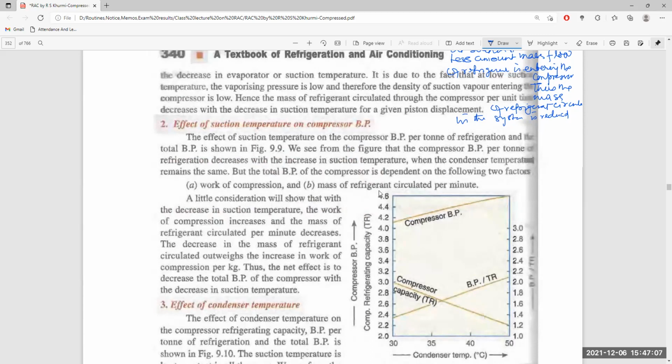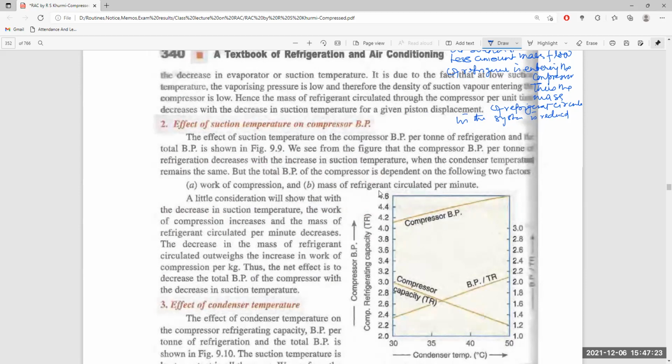Now, the effect of suction temperature on the compressor brake power per ton of refrigerant and total brake power is shown here.